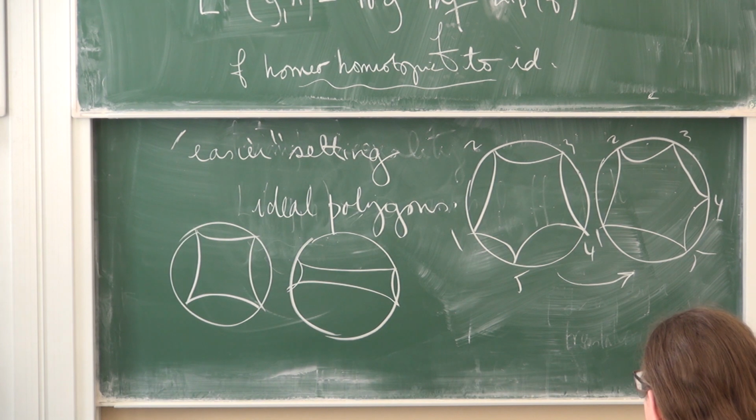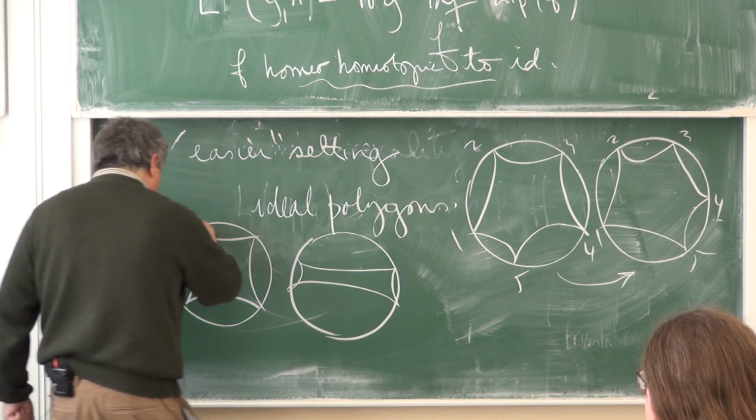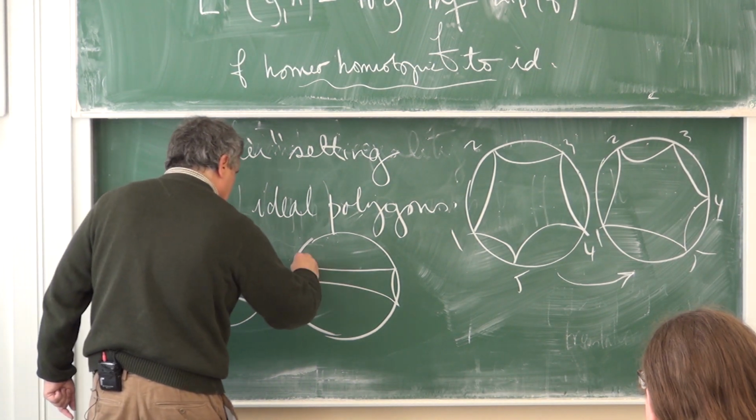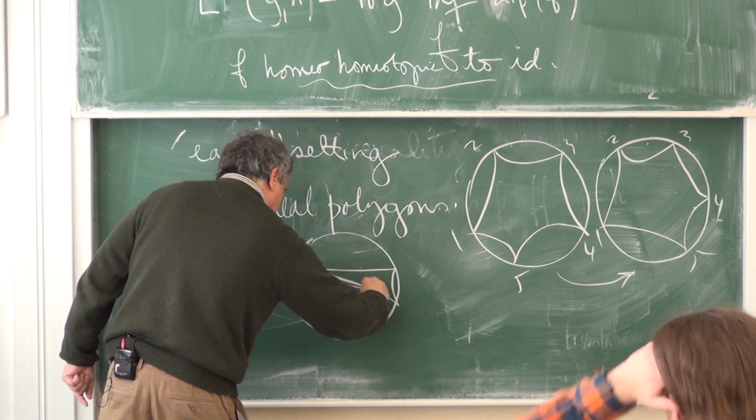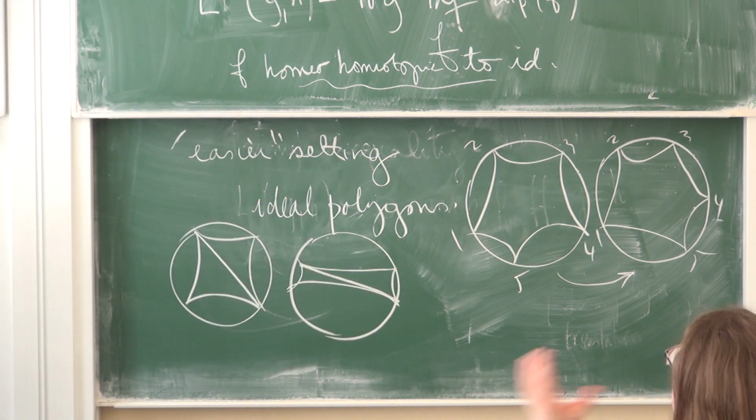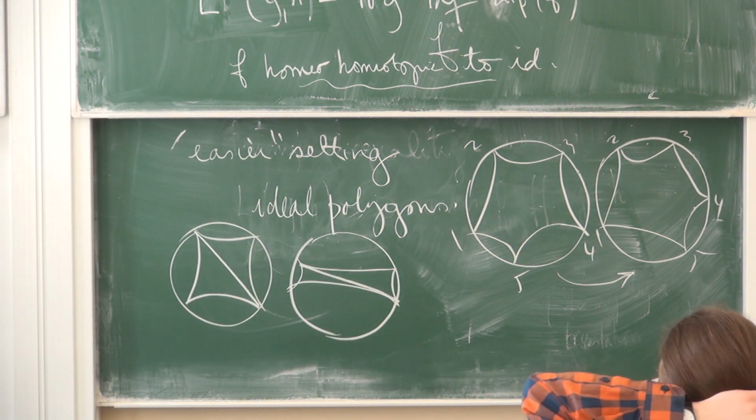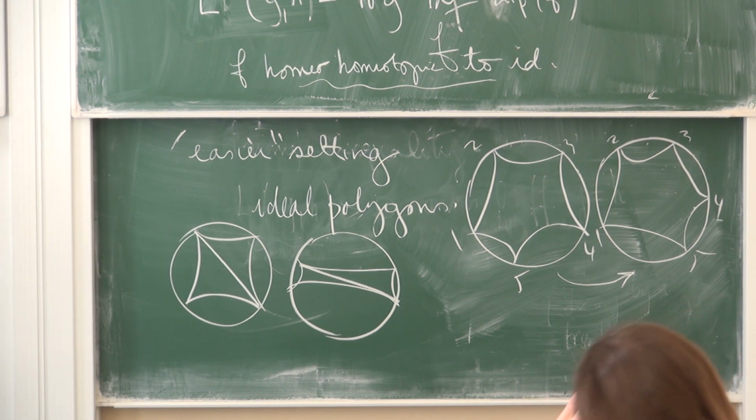So if you want to follow Thurston's outline, the natural thing is to cut this into ideal triangles.